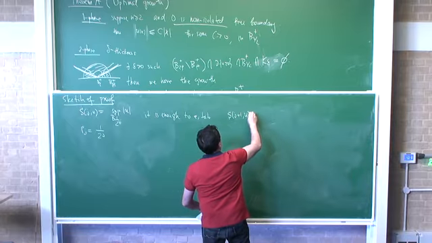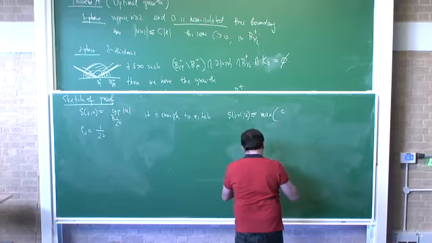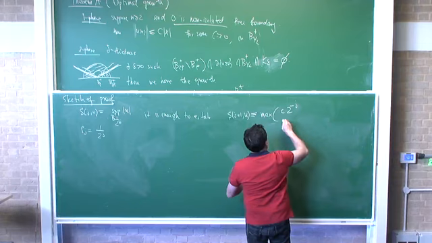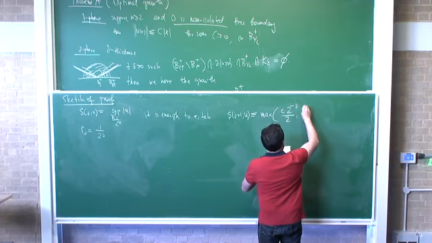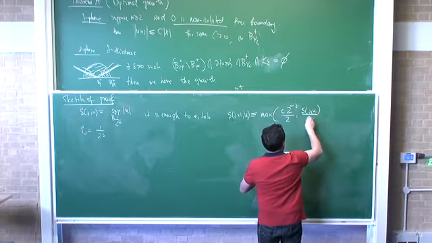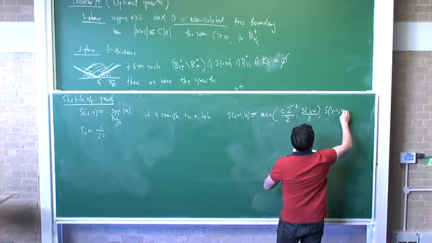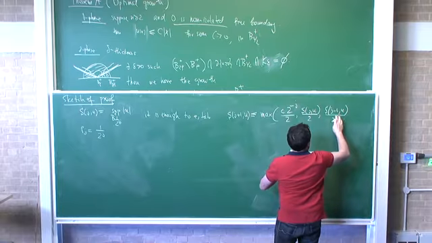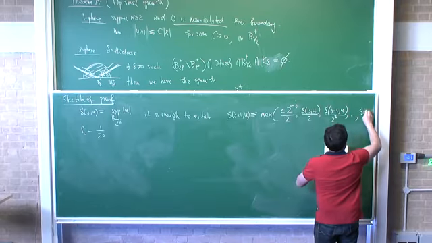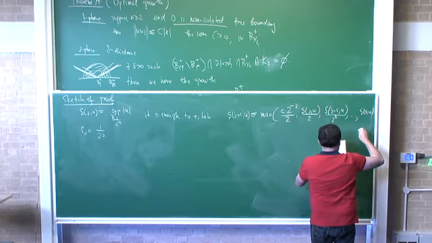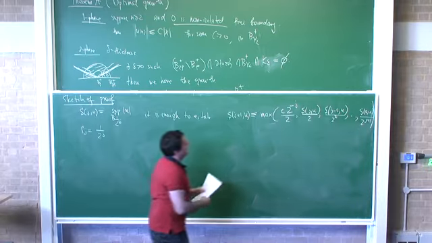S_{j+1}(u) is less than or equal to the maximum of some positive constant C 2^{-j/2}, and S_j(u) over 2, S_{j-1}(u) over 2 to the power q, etc., and then S_0(u) over 2^{j+1}.